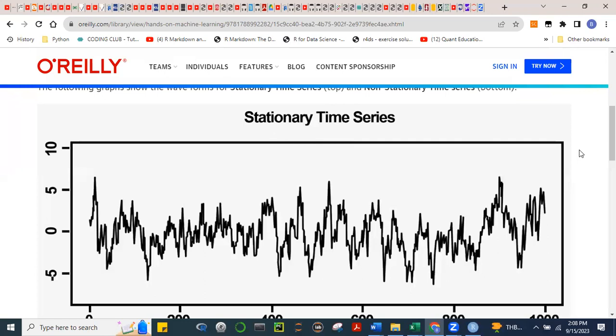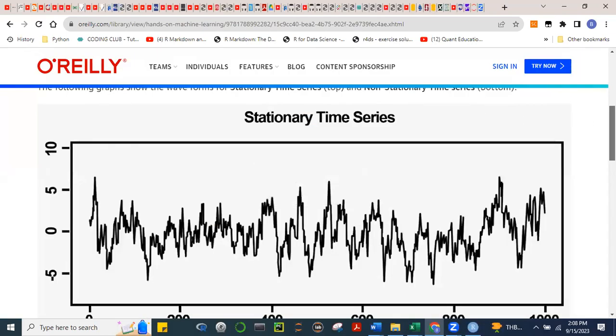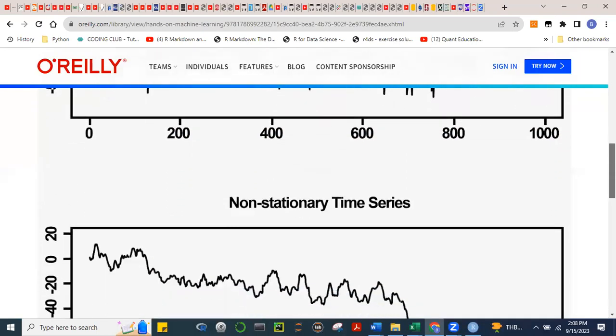So this is a stationary time series. You can see that there's no trend, and the variance seems to be constant over time. This is the width. It's not increasing over time, neither is it decreasing over time. Okay, so that's your stationary time series.